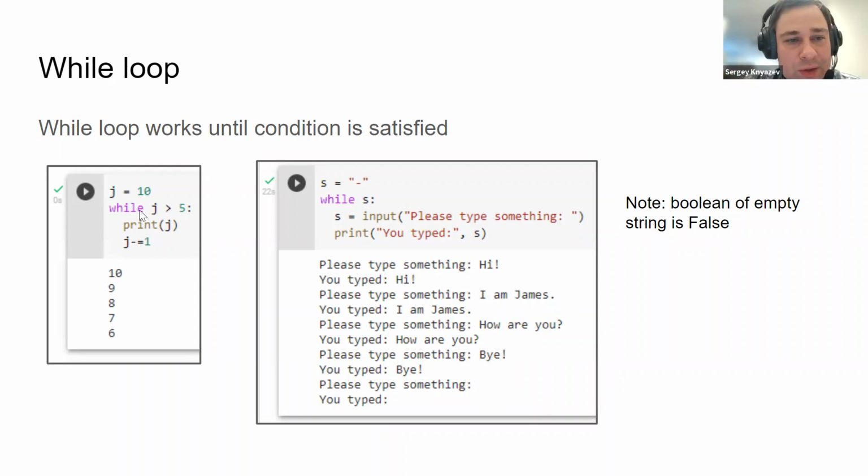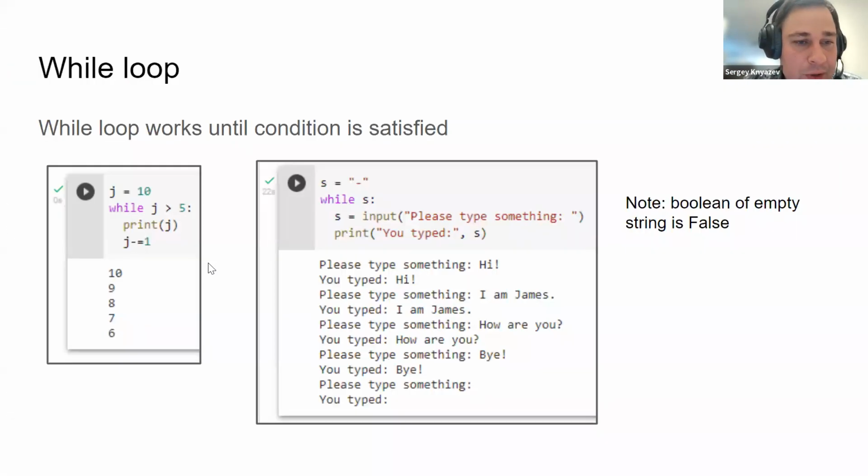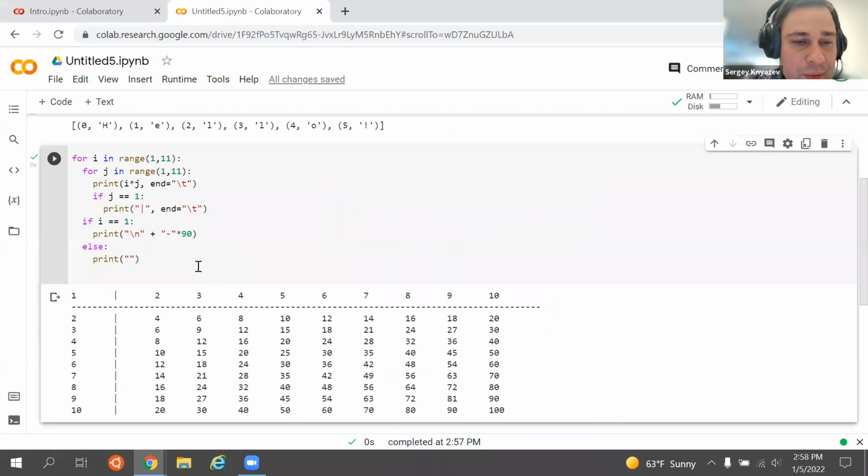And here you see that while loop has, so here's an example. So if you want to write elements from 10 to 5, we can do the following thing.